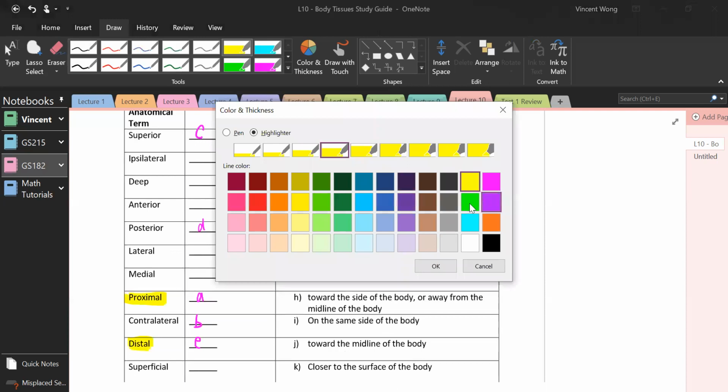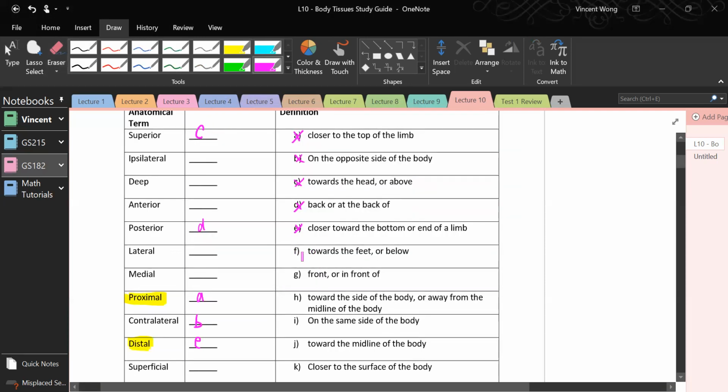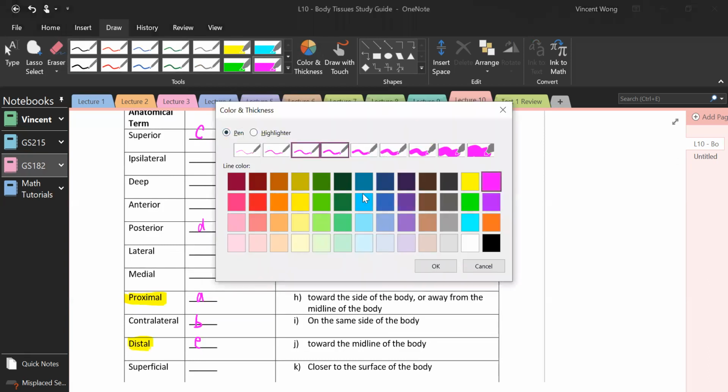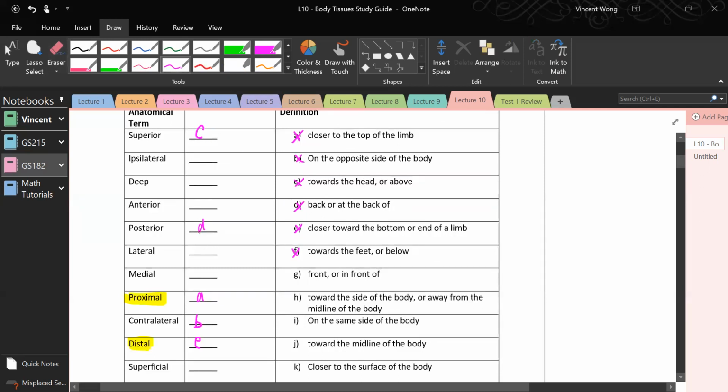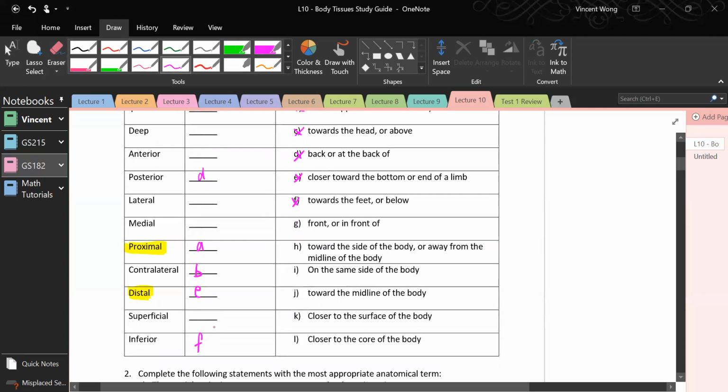Next one. Towards the feet or below. So that would be inferior, which is right here. Let's say we have the person here. This is the ankle, and this is the knee. You might be wondering, should I say the ankle is inferior to the knee, because it's below?